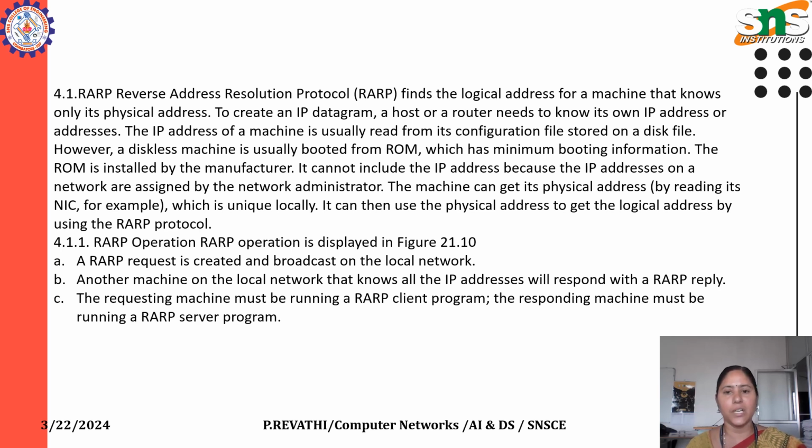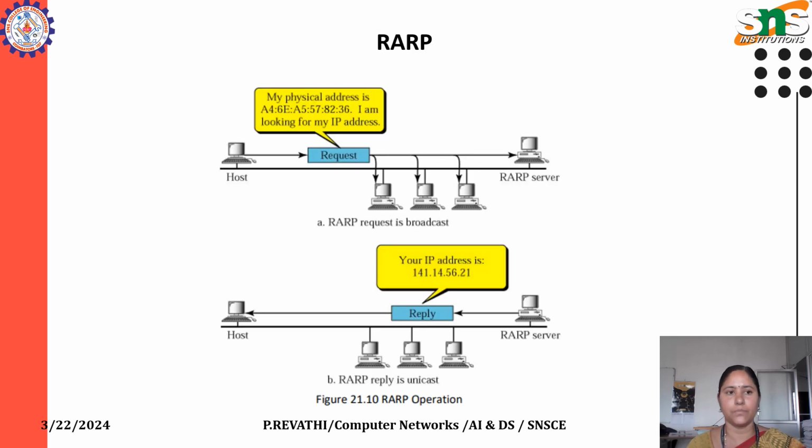The machine can get its physical address, which is unique locally. It can then use the physical address to get the logical address by using the RARP protocol. A RARP request is created and broadcast on the local area network.